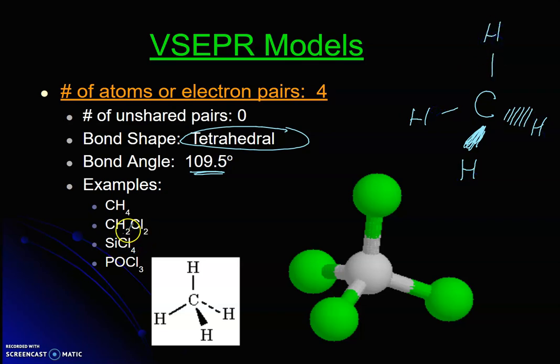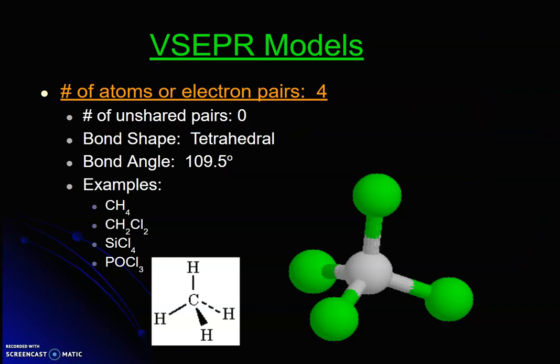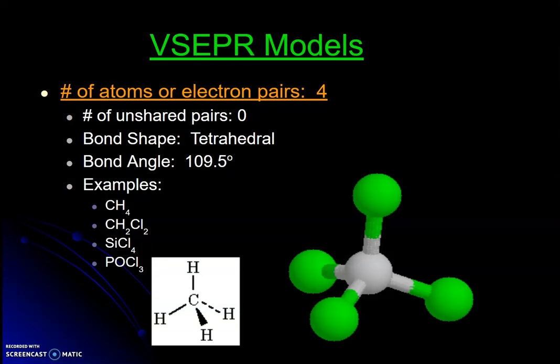Dichloromethane or silicon tetrafluoride, phosphorus trichloride. They're all going to have 4 things around the central atom. All of them are going to maximize the difference between them.